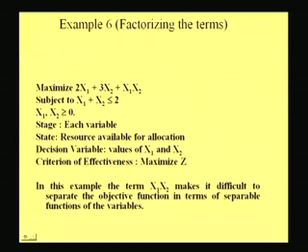The criterion of effectiveness, or the objective function, is to maximize z, given by 2x1 plus 3x2 plus x1 x2. Once again in this example, the product term x1 x2 present in the objective function makes it difficult to separate the objective function in terms of two separate functions of the variables.